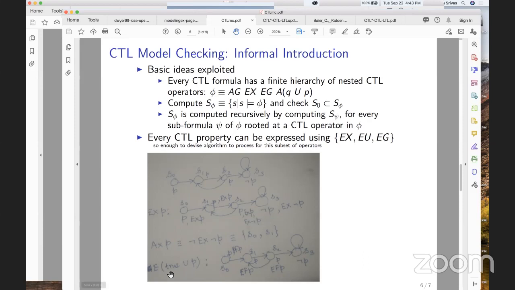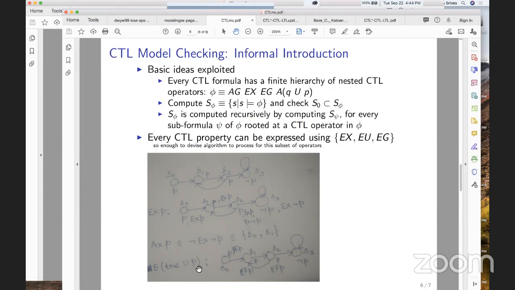Okay, here I'm showing it for F of P, but you can extend that in general to E of P until Q. So I'm showing it for EU, okay? What you do here is, once again, start with the base with P. I think I should have illustrated it generally for Q until P, but nonetheless.